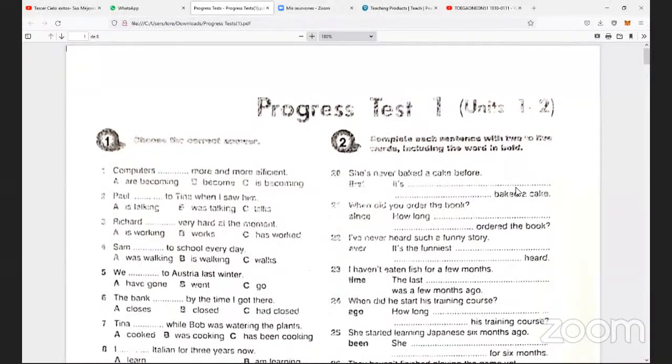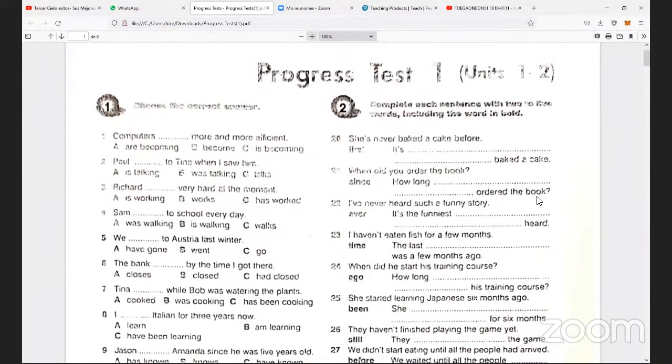So right now, in this first progress test, in some cases it's not possible to see it, but we're going to try to do as much as possible. At least until tomorrow, we have to finish like 3 progress tests.